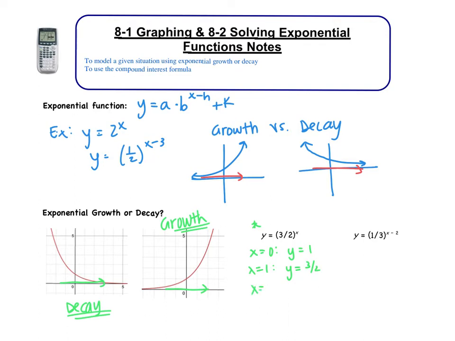If we plug in 2, let's say, 3 squared is 9 and 2 squared is 4. So what we should be seeing is that those numbers are getting bigger. The y values are getting bigger. We have 1, 3/2 is bigger than 1, 9/4 is bigger than 3/2. So this example is actually growth as well.